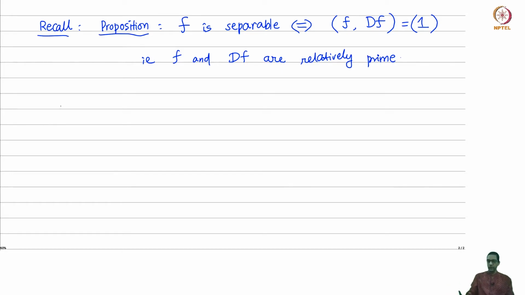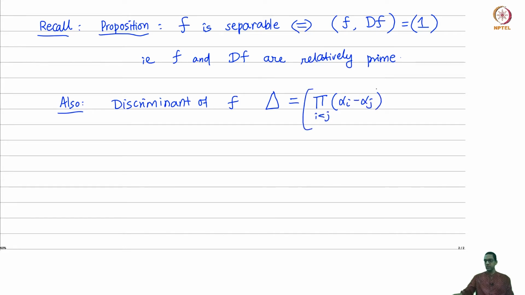Also recall a second way of doing this, which we won't really use: this notion of a discriminant of f. This was defined as the product over i less than j of the squares of the differences of the roots of the polynomial.